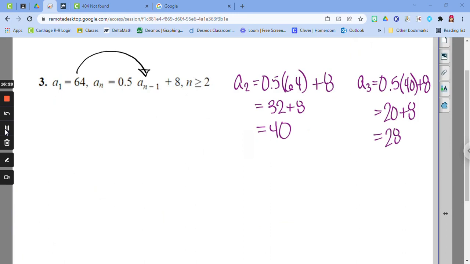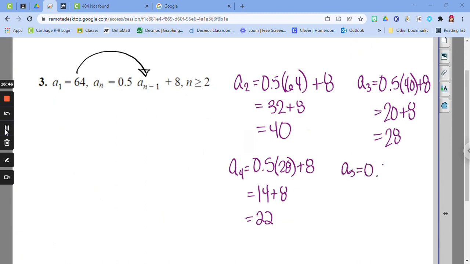All right. So the fourth term, 0.5 times 28 plus 8. So 14 plus 8 is 22. And the fifth term, so we have 11 plus 8.